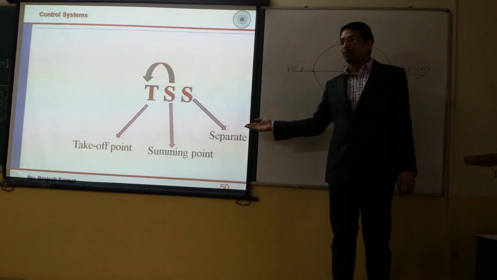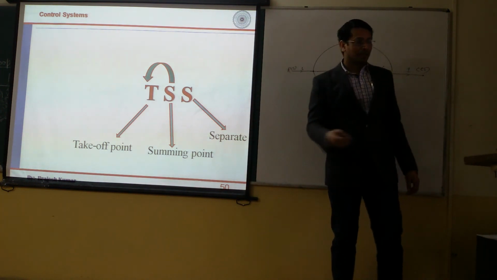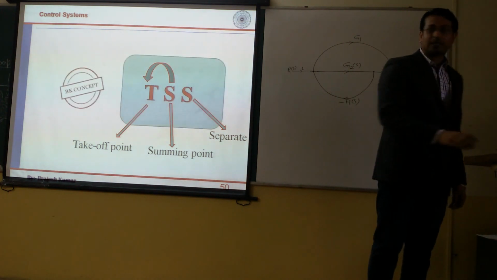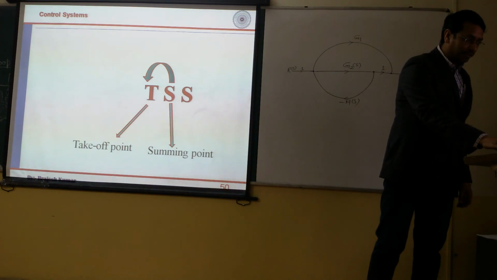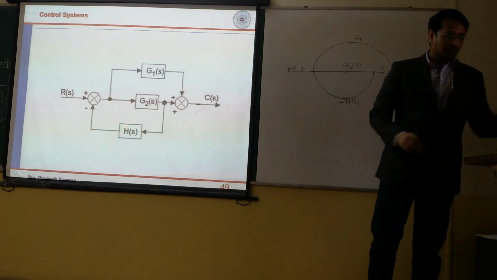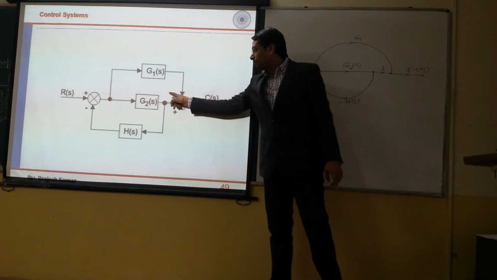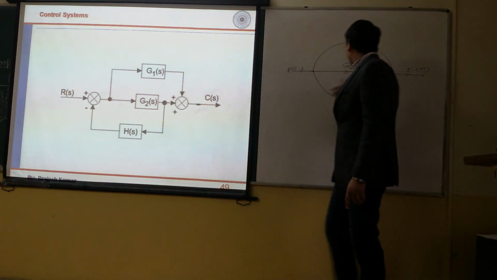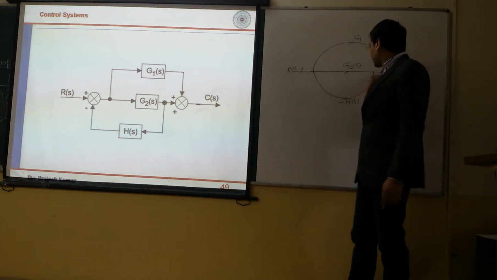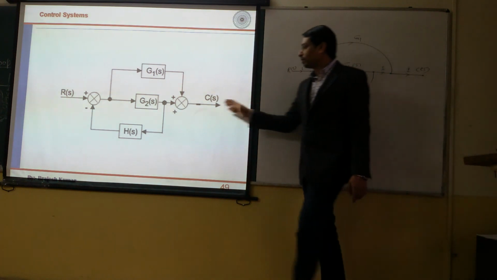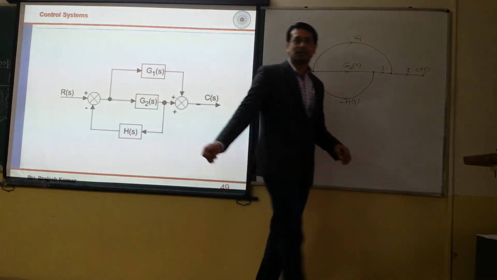If you remember this tip, you can handle the other cases too. See the question once again. TSS: take-off point before summing point is separate. Here the take-off point is not before the summing point; it is after the summing point, so not separate, it is with the same node.